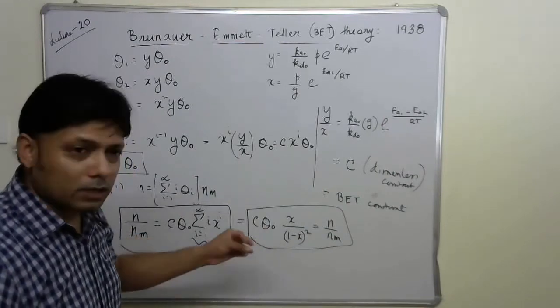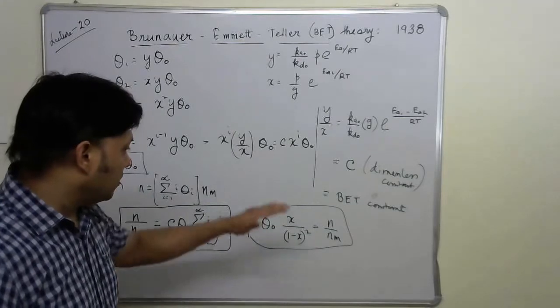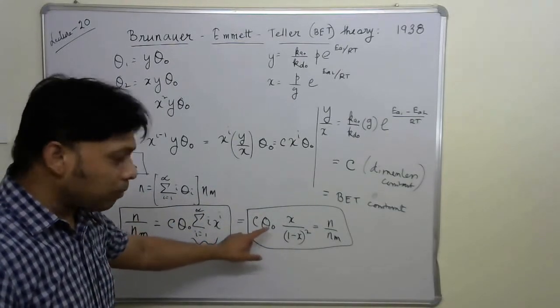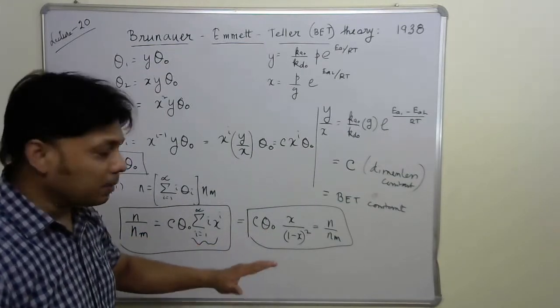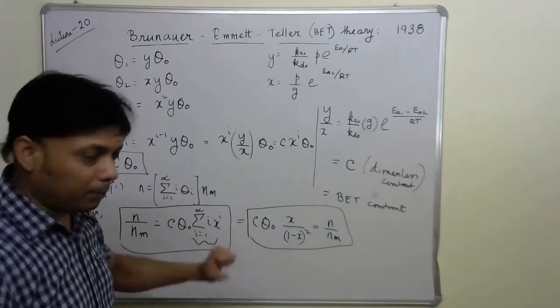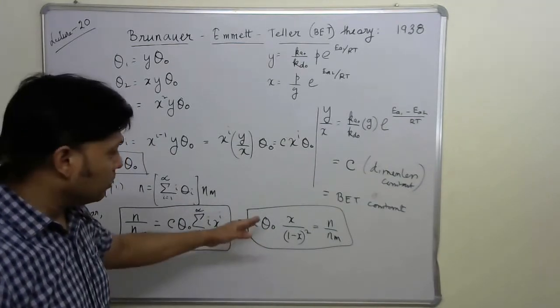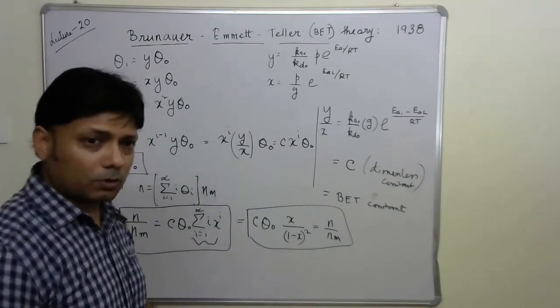It is not possible to measure the fraction of unoccupied spaces on top of a solid surface. So we have to replace theta 0 with some measurable parameter. Our next job is to find a way to replace theta 0. How can we replace theta 0?